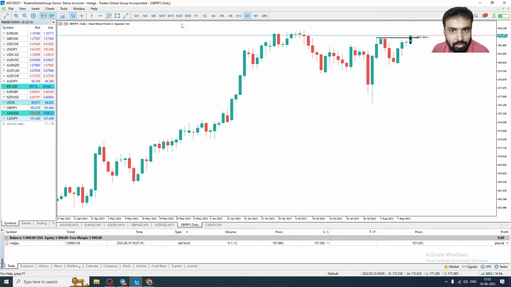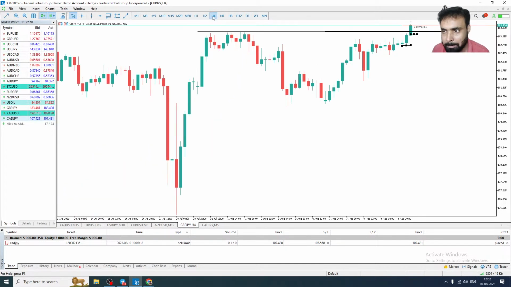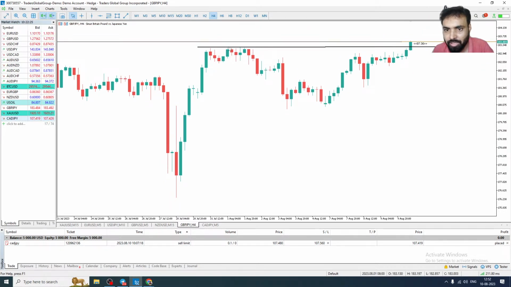Okay, let's see the GBP JPY. GBP JPY successfully mitigated. It grabbed the liquidity in the previous highs. All these previous highs liquidity has been taken now.